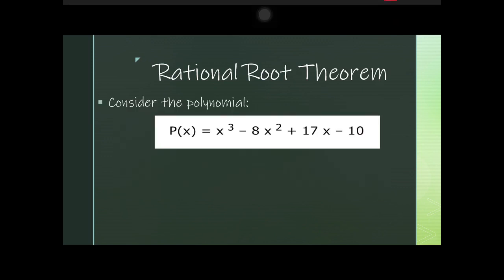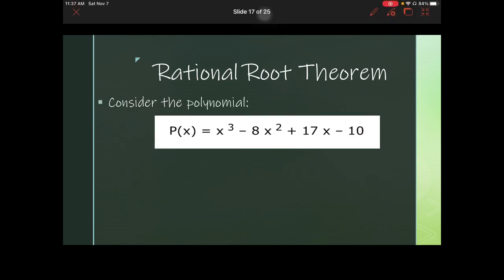Alright? Now, let's consider this polynomial. Meron po tayong p sub x is equal to x cubed minus 8x squared plus 17x minus 10. So, ang titingnan daw natin ay yung constant, which is si negative 10, and yung numerical coefficient ng x cubed, which is 1.